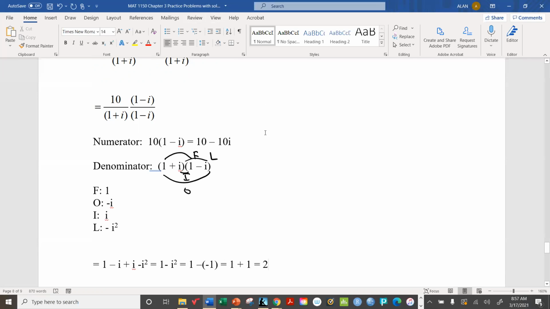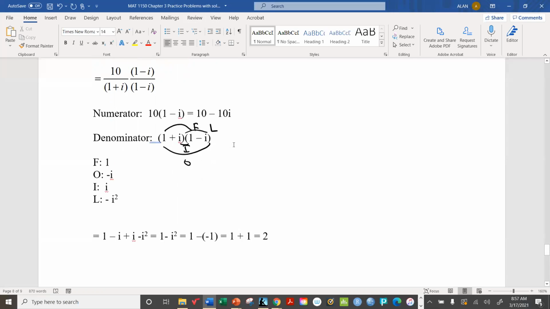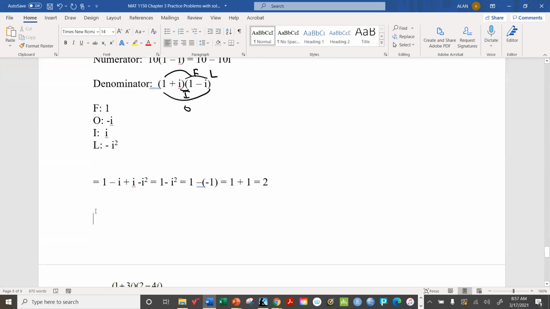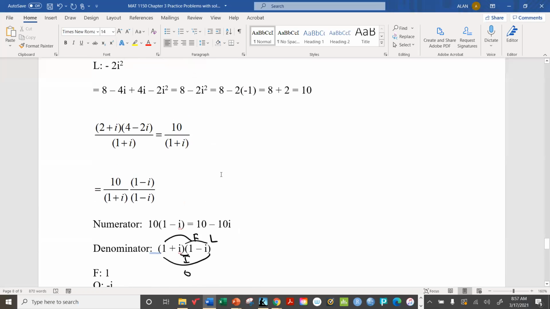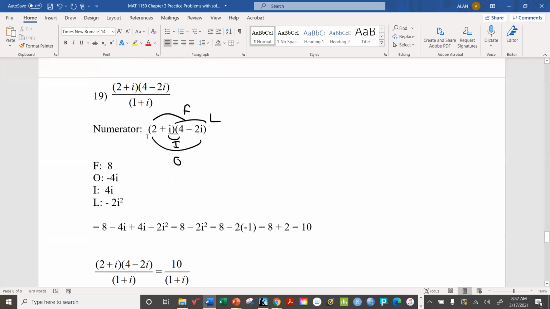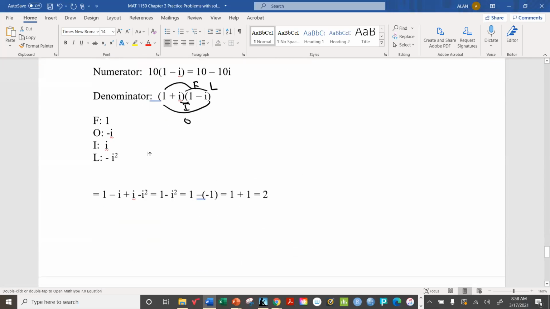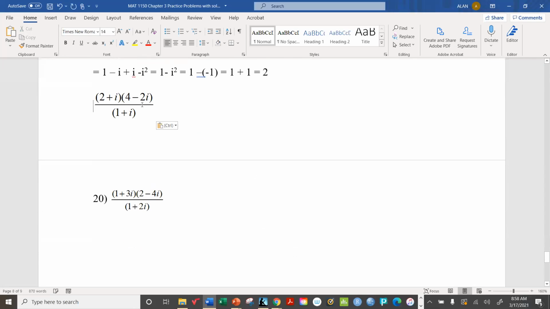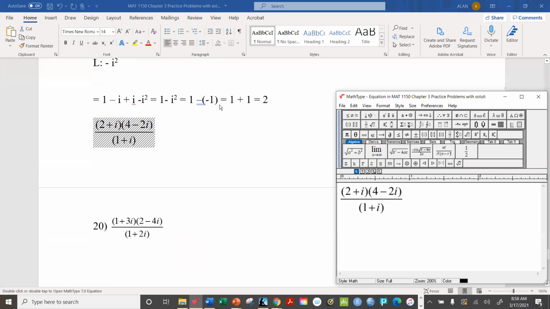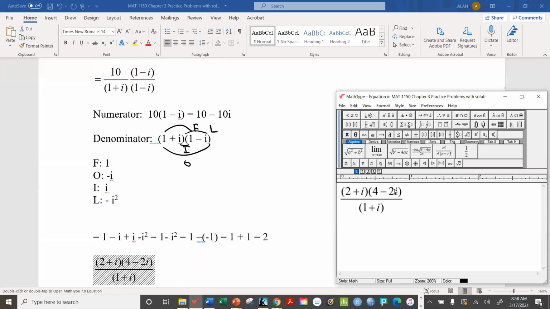Okay, so the numerator is 10 minus 10i. The denominator is 2. So if we go all the way back to the start, this messy looking expression is actually not that bad because we wind up with, in the numerator, 10 minus 10i.